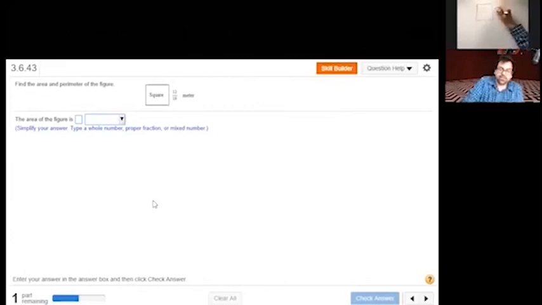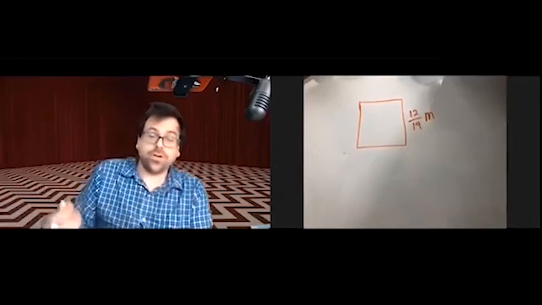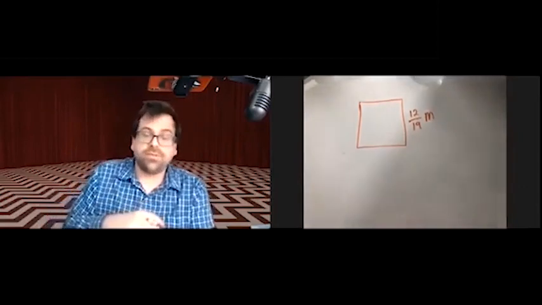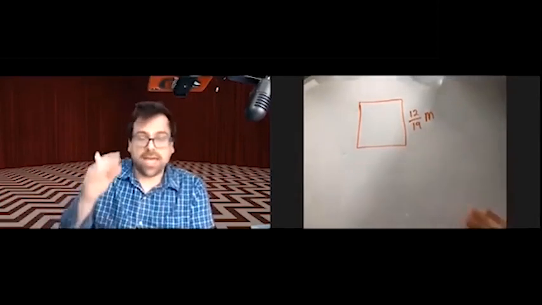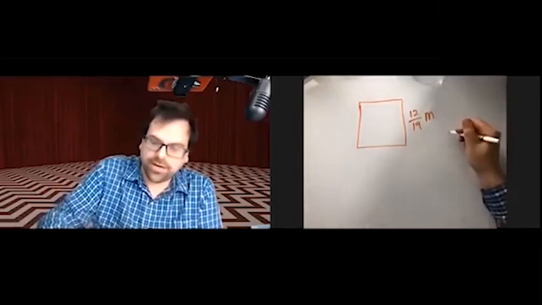And the side length we're given here is 12/19 meters. So you could follow the other formulas, length times width for area, add all the sides for perimeter, or you can use some shortcuts for a square.